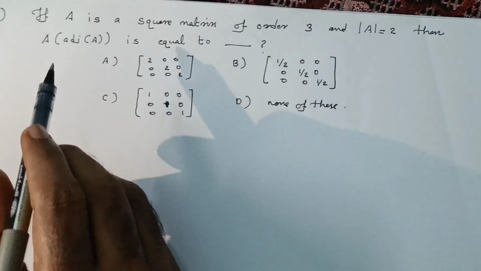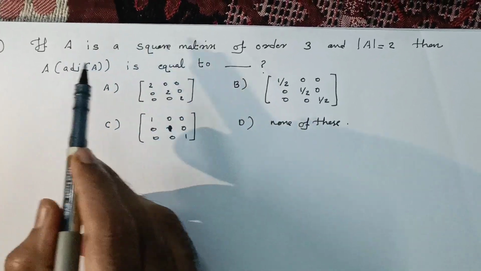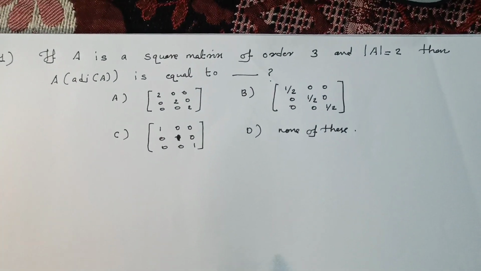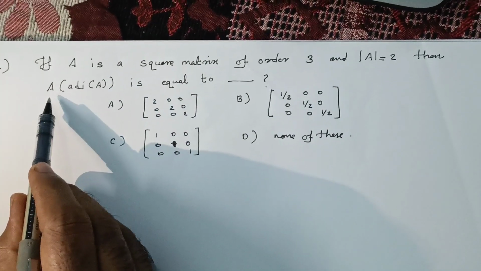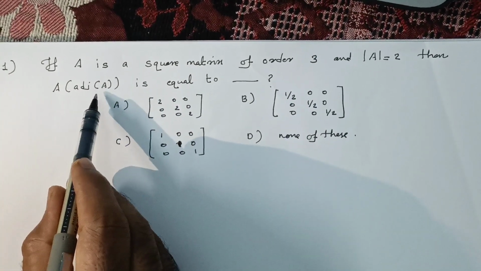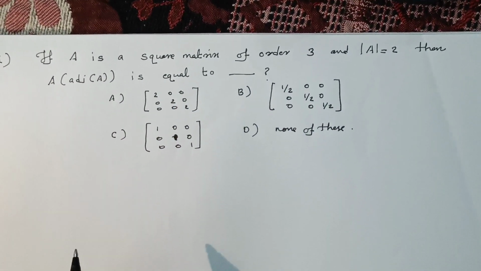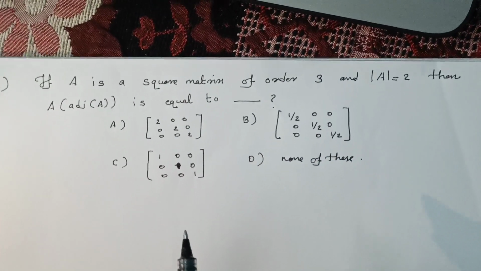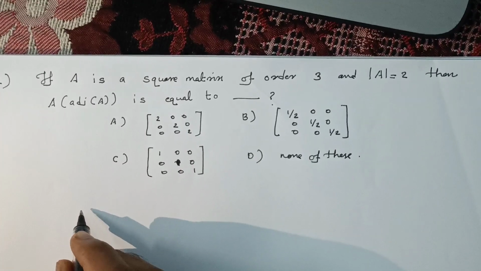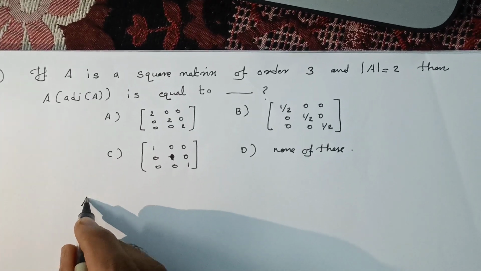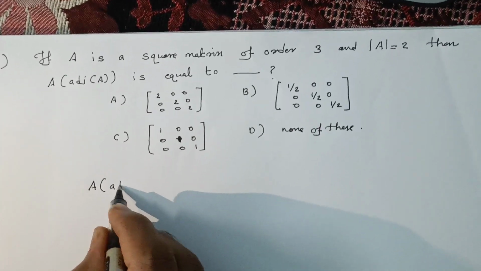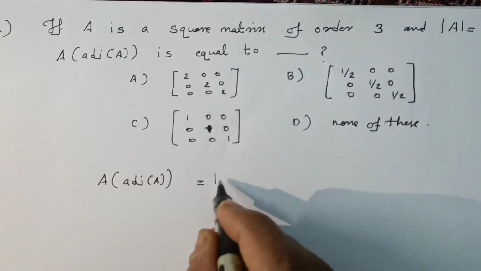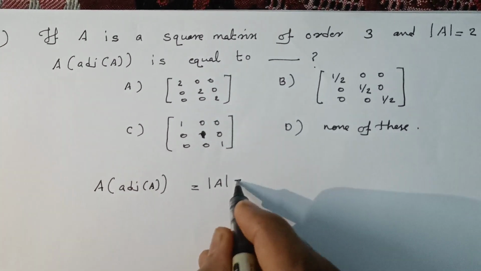This question asks, if A is a square matrix of order 3 and given that determinant A equal to 2, then find A into adjoint of A. We know that from the first property, A into adjoint of the given matrix A equal to determinant of the matrix into the identity matrix.